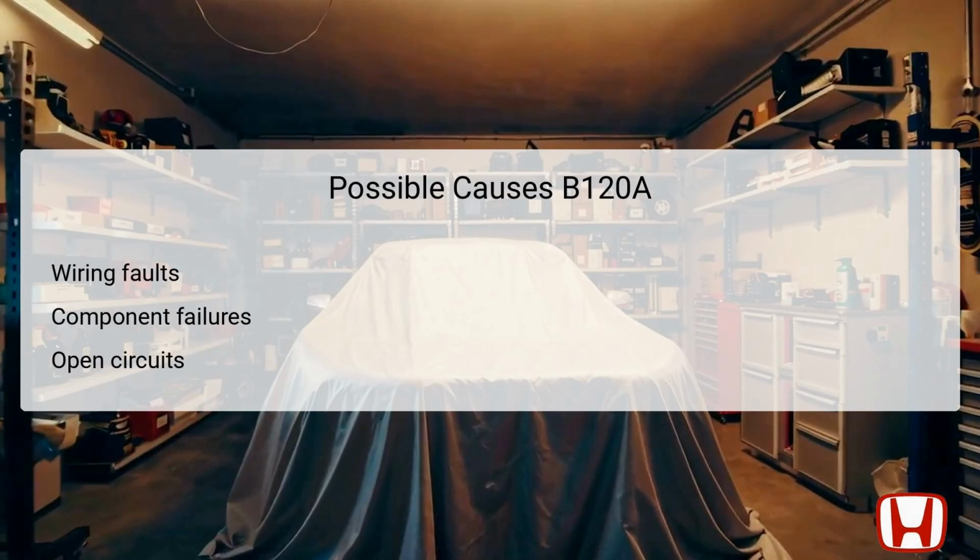Several potential causes may lead to the B120A error. One common reason for this error is wiring faults, where the connections between the climate control unit and its associated components become compromised. This could involve broken wires, corroded connectors, or loose terminals. Another possibility includes component failures within the climate control unit itself or the associated switches.